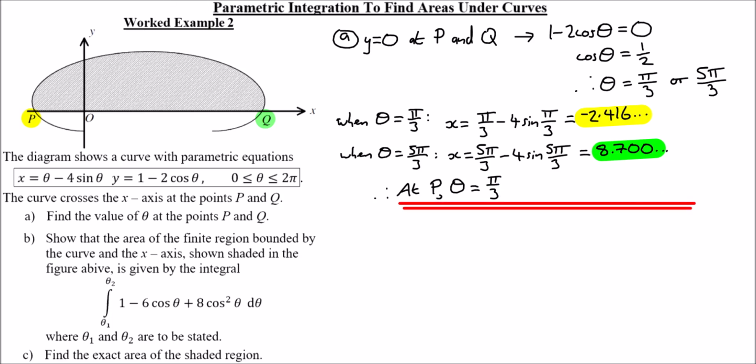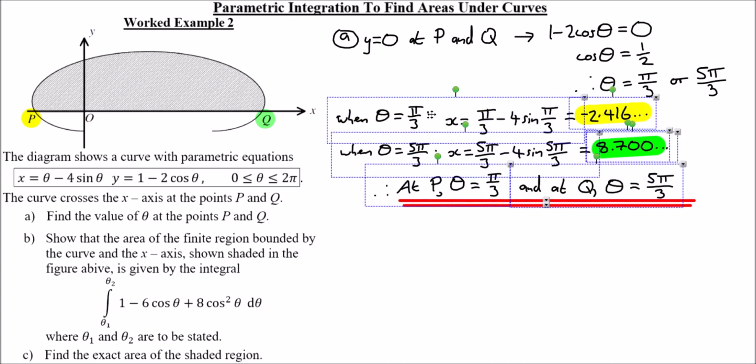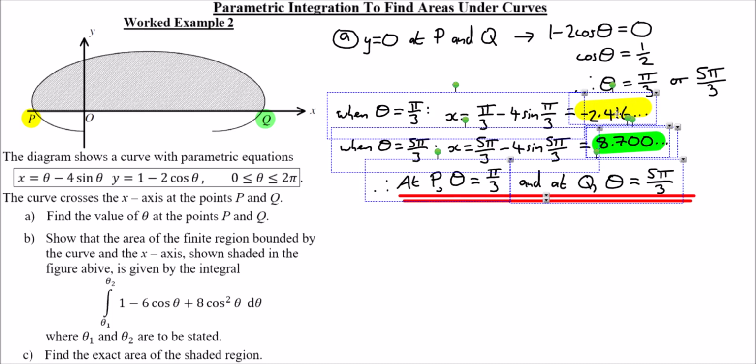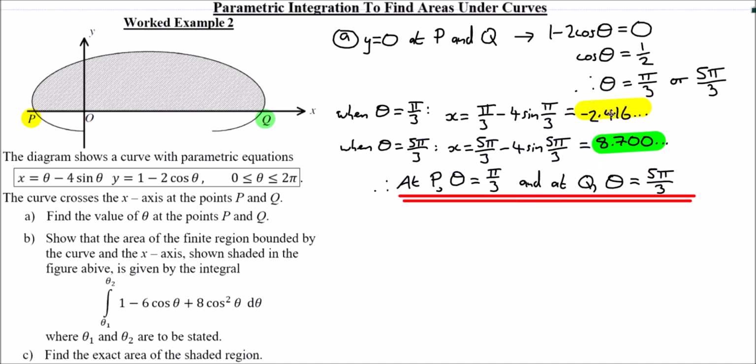And at Q, theta is going to be 5 pi over 3. So now part B, we can think about actually finding this area and working it out as an integral. So let's think about this next.